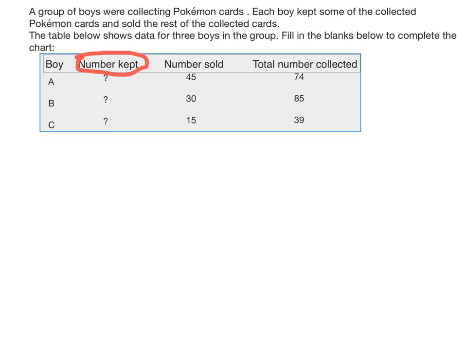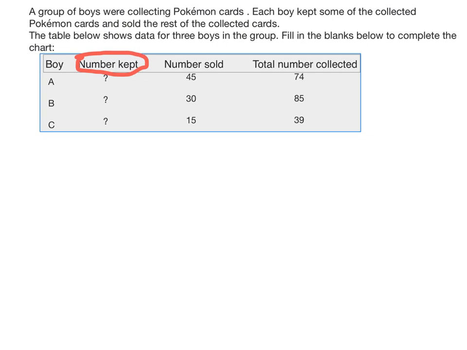We know that boy A sold 45, boy B sold 30, and boy C sold 15. And we are also given the total number collected. We know that boy A collected 74, boy B collected 85, and boy C collected 39.